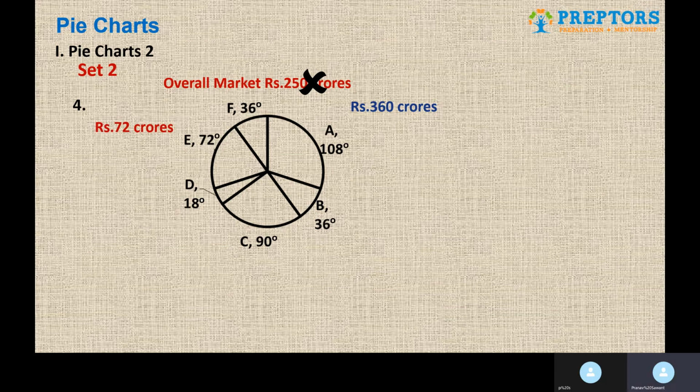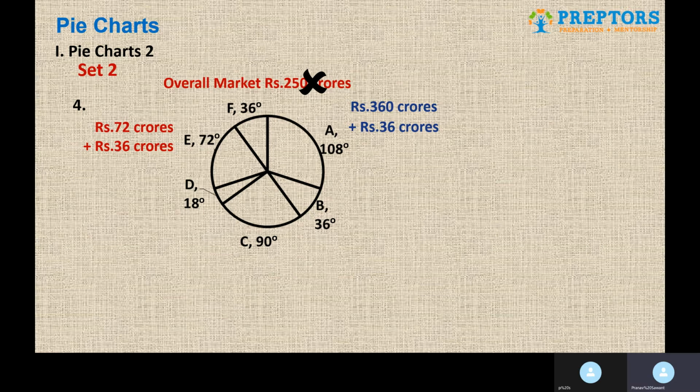So if the overall market is 360 crores, then that means 72 degrees is equivalent to 72 crores. And it has increased by 50%. So it has increased by 36 crores. So the overall market will also increase by 36 crores. We can't just increase one market and keep the overall market the same, right?